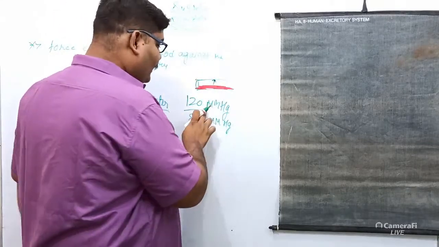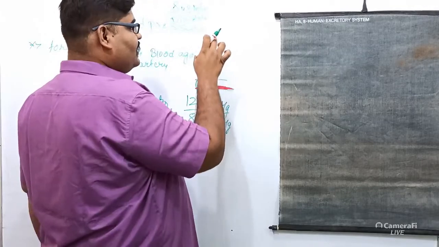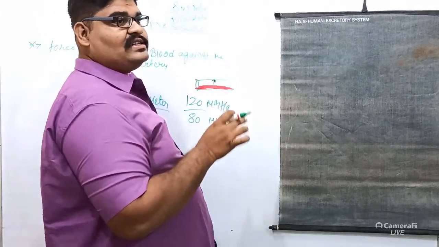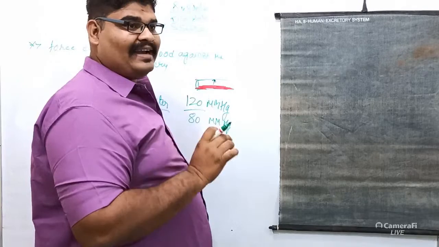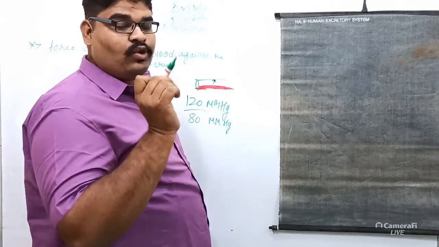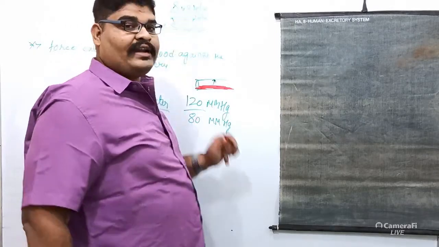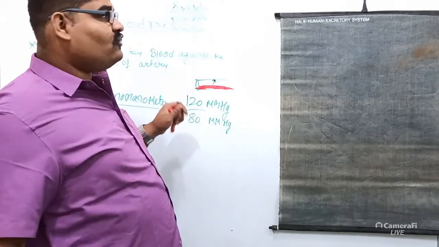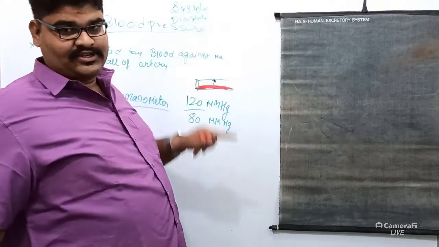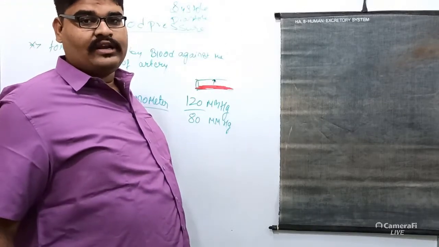120 mmHg is the pressure exerted by the blood against the artery when the ventricles contract. Contraction of the ventricles gives rise to systolic pressure.